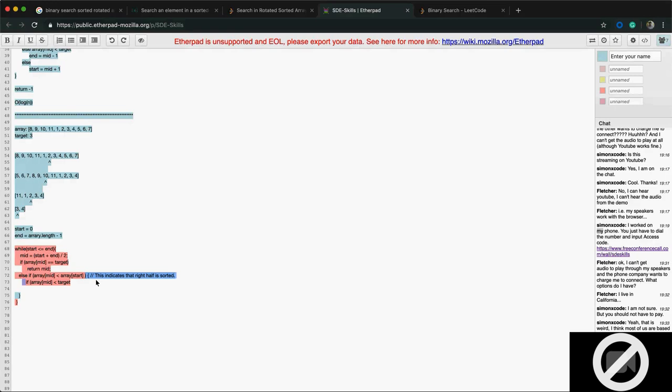If array of mid is less than target, then we know that we need to go to the right side, because that is where the target is. So we can do mid equals... We need to go to the right side, right? So start actually. Start equals mid plus 1.